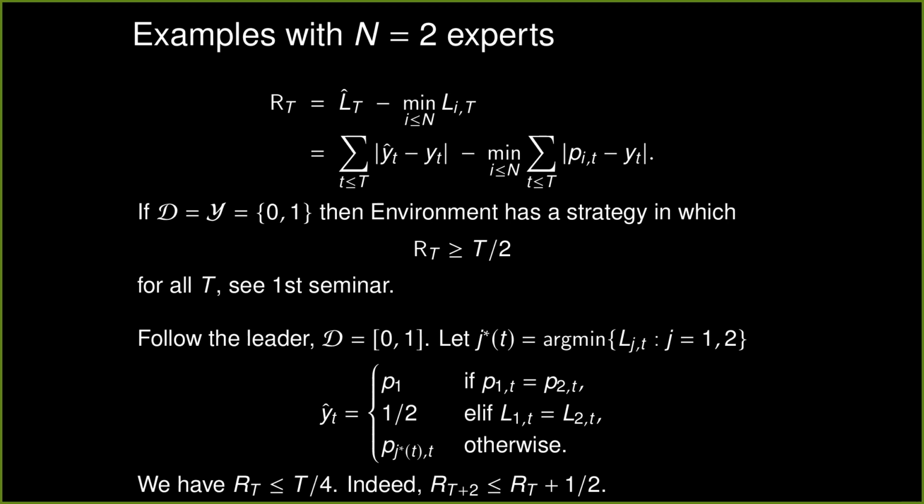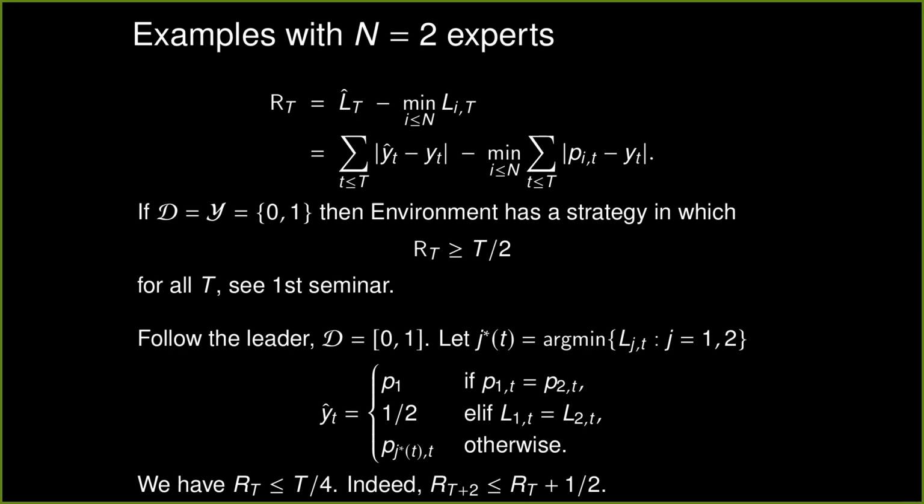Or here I said D equal to the full interval, so it doesn't matter. He just uses 0, 1/2, and 1. And so I repeat, his strategy is just to follow the best predictor unless both predictors have the same loss and they make opposite predictions. Then he will say 1/2. And so can you see why this prediction strategy has regret T over 4?